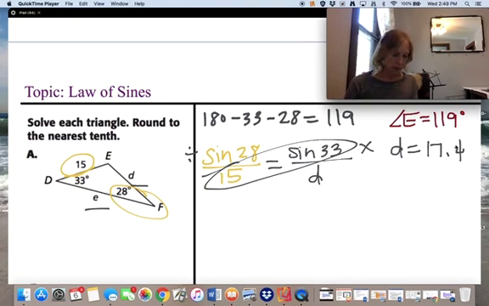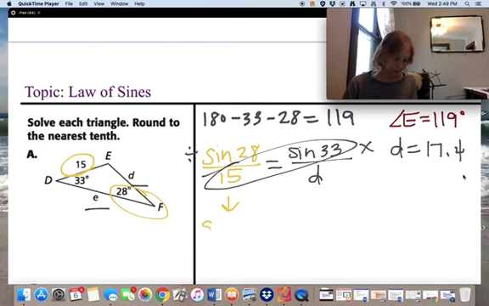We're going to reuse this ratio right here. The reason is if we use this other ratio instead with the D in it, we'd be using 17.4, a rounded answer, and we don't want to do that.